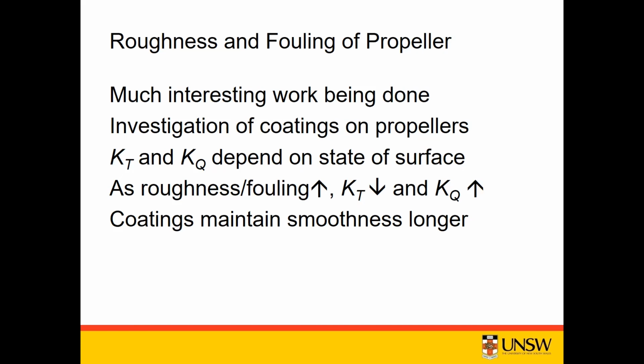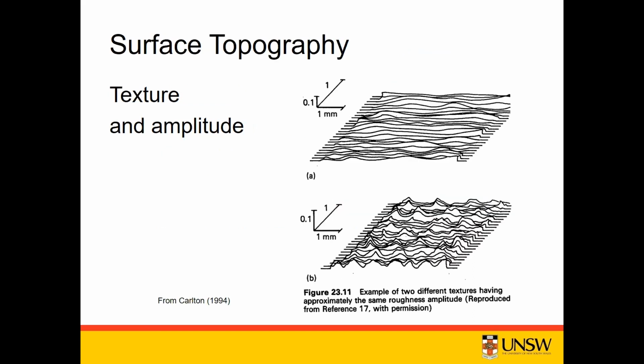The KT and the KQ, of course, depend on the state of the surface, and of course, the smoother it is, the better. As the roughness and the fouling increase, the thrust coefficient goes down and the torque coefficient goes up. And having a coating on the propeller typically maintains the smoothness for longer, particularly if you've got some sort of ablative coating, or what they call, I think it's called foul release, is another word for it.